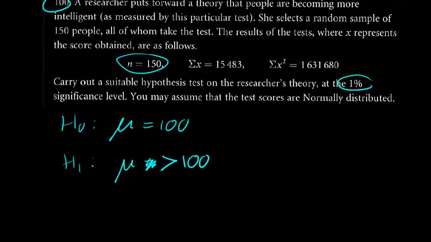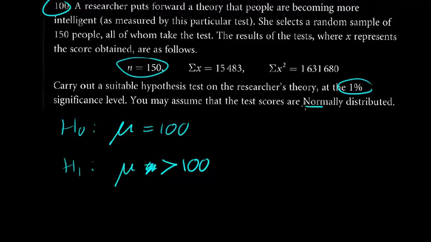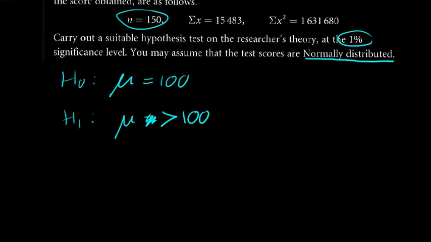Now, obviously it says, here we go, normally distributed. So we know that our sample is normally distributed. So if I take, for example, X to be our sample, I know that it is normally distributed. Now, usually we use mu and sigma squared.